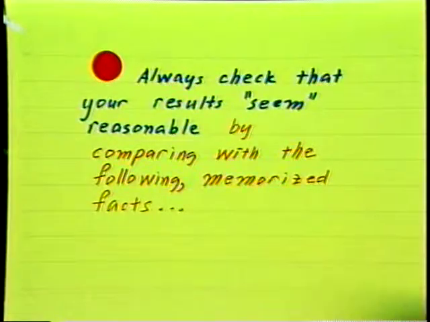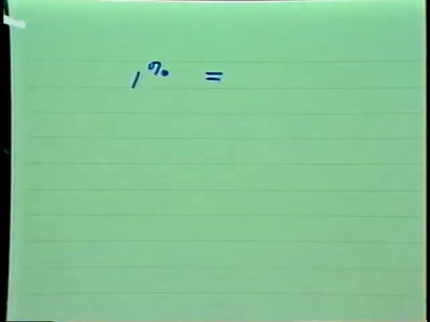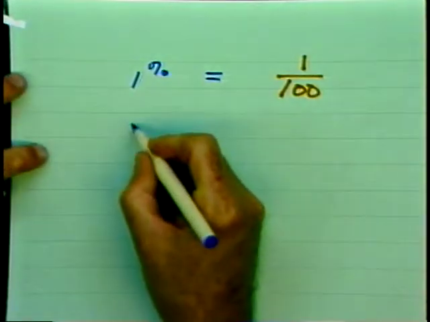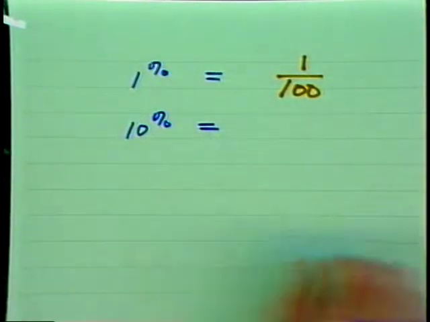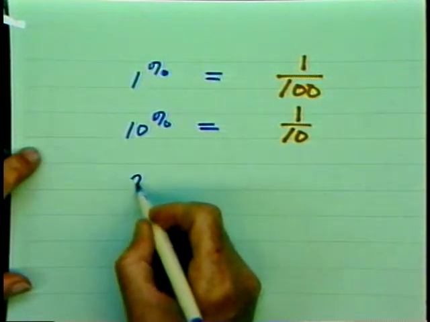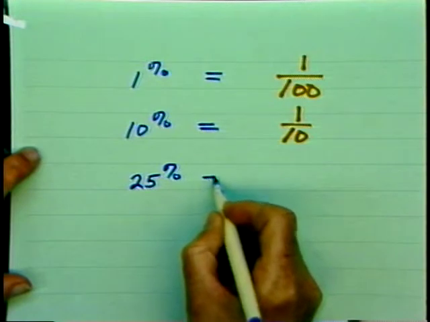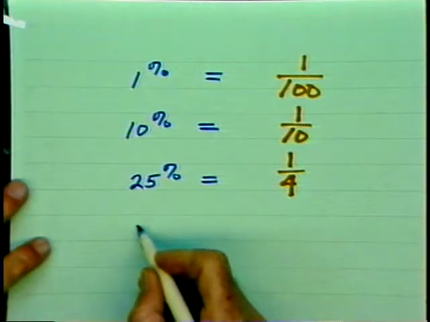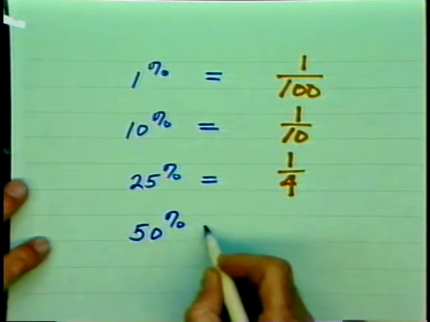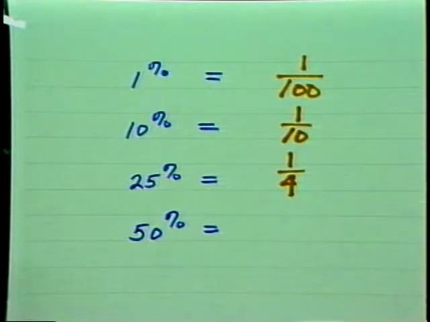Also form this very good habit. Always check that your results seem reasonable by comparing with the following memorized facts. That 1% is 100th, and 10% is, now do you have this memorized? 1/10, and 25% is 1/4, and 50% is 1/2.